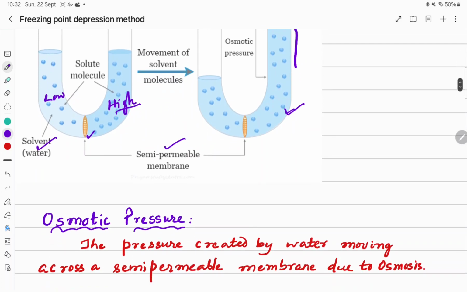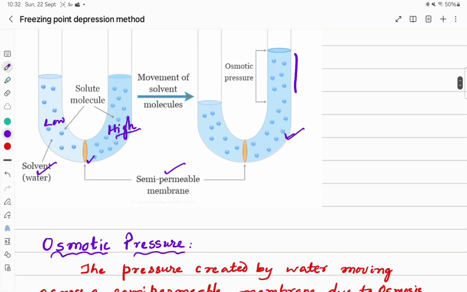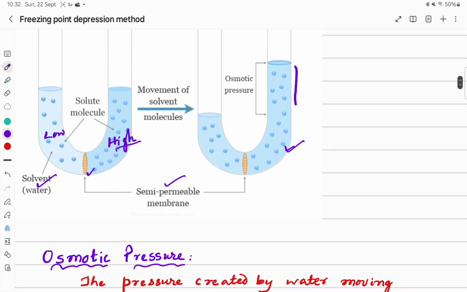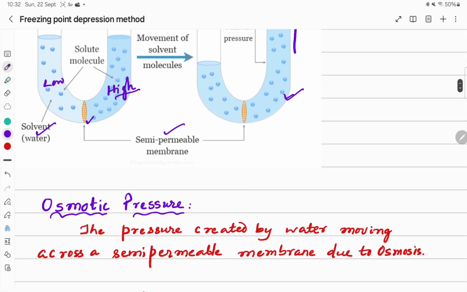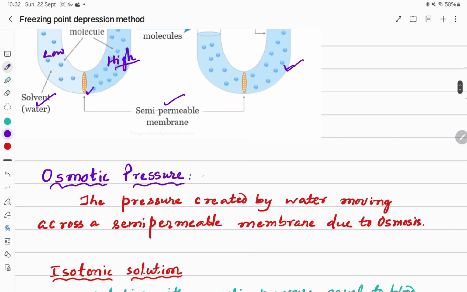And from this we have this osmotic pressure, the pressure created by water moving across a semi-permeable membrane due to osmosis. So the pressure created by the solvent or water to move across the semi-permeable membrane is the osmotic pressure.